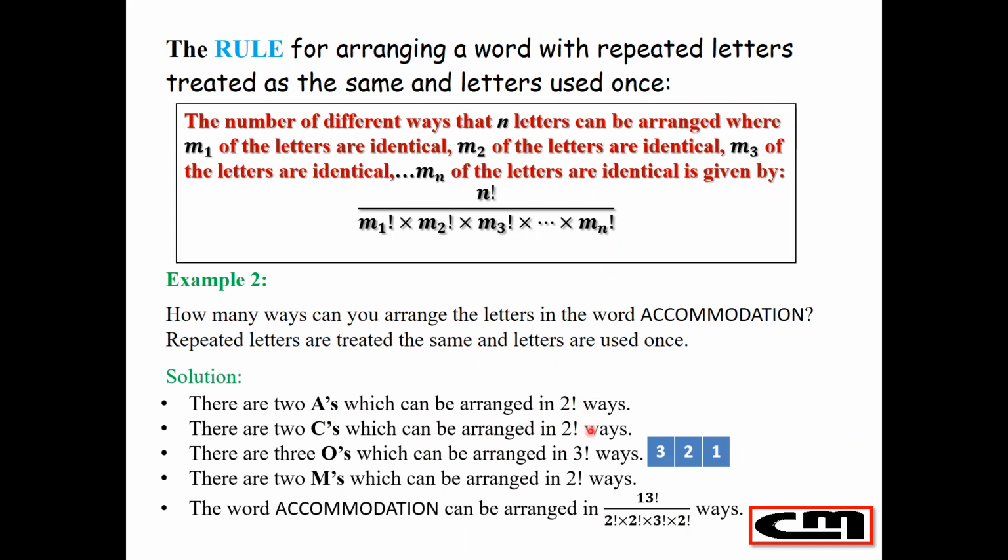What is happening? As I explained here, this is what is important to understand, so that when you are using the formula, you simply make sure that the number representing the repetition of a particular letter is that number factorial. Then you plug them into the formula.